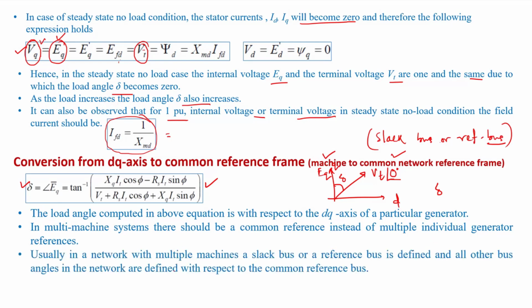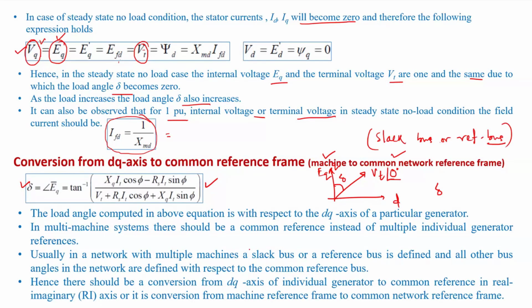Usually in a network with multiple machines, a slack bus or reference bus is defined and all other bus angles in the network are defined with respect to the common reference bus, as I already discussed. So hence there should be a conversion from the DQ axis of the individual generator to a common reference in real and imaginary axis.